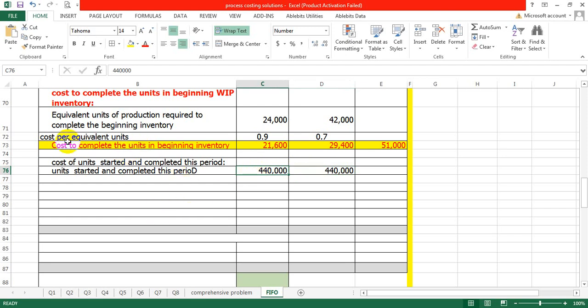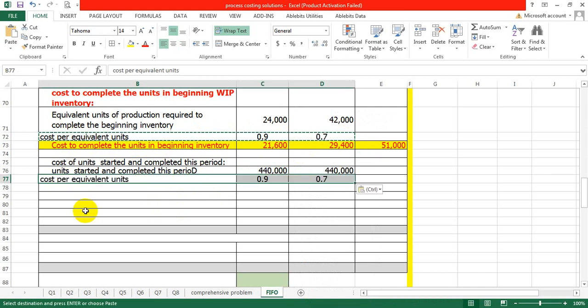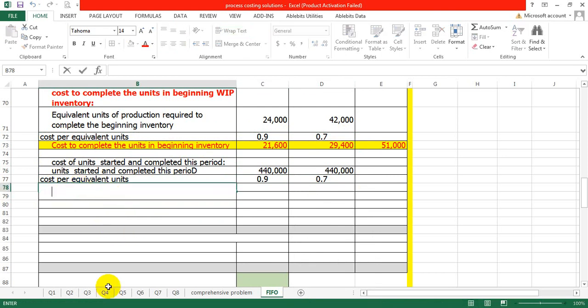Okay, the cost per equivalent unit, I need to write again. Now we will multiply these terms to get the cost of units started and completed this period.